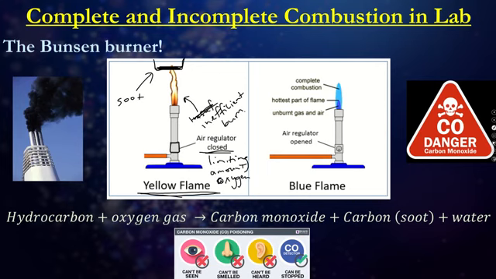So that's why we use the blue flame. Not only is it hotter and more efficient, there is an excess amount of oxygen. But because we have excess oxygen, we should only be expecting to produce water and carbon dioxide. And so that's why we don't see any sooting on glassware if we burn it with a blue flame.